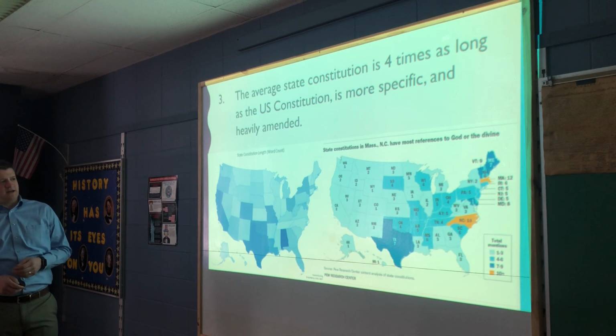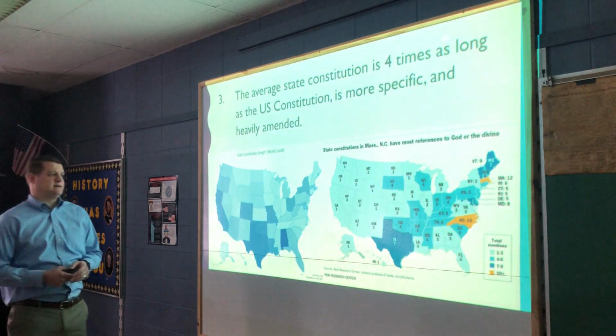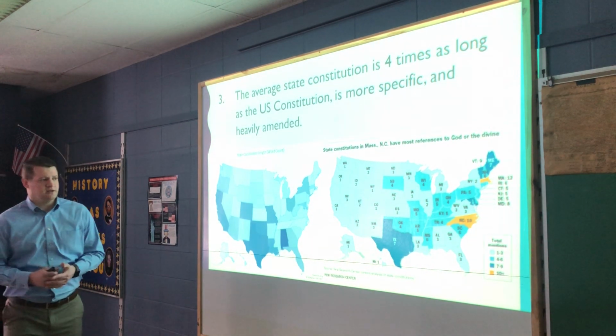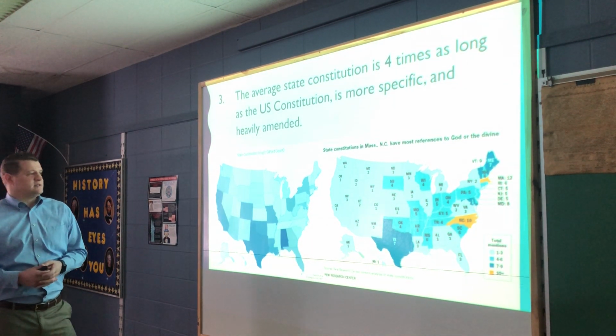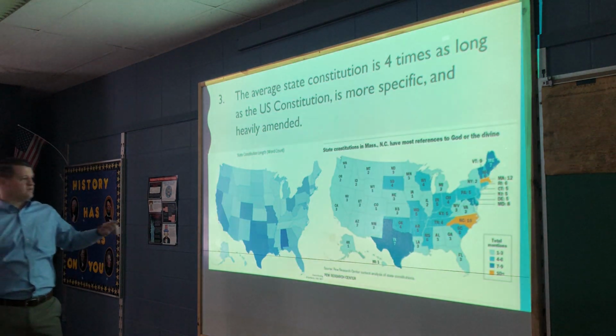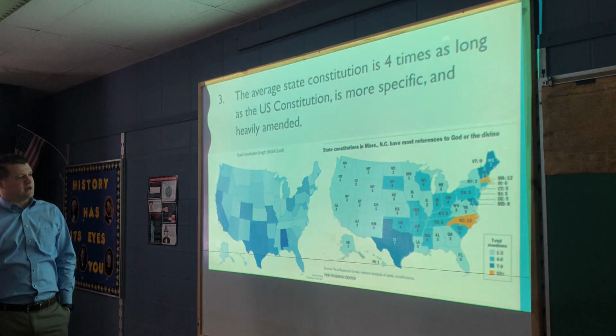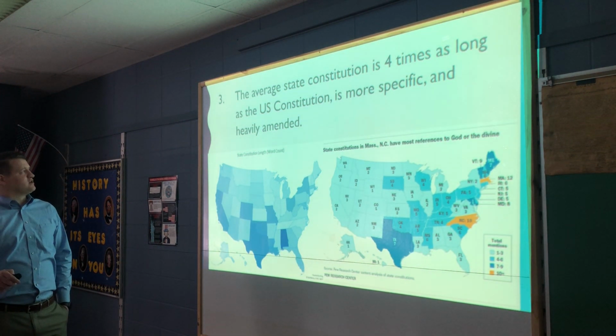Texas has a lot, Maine, Maryland, Vermont, South Dakota, Missouri, Indiana, Ohio. The least, Wyoming only has one, Washington only has one. California, even though it's a very long constitution, only has 2 references to God. So that's just some extra information there.